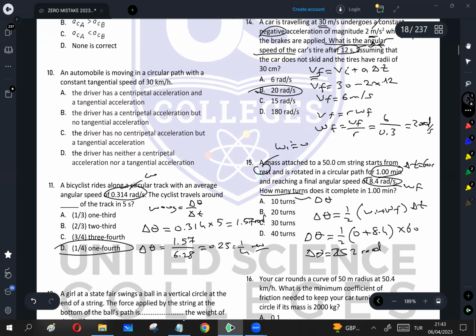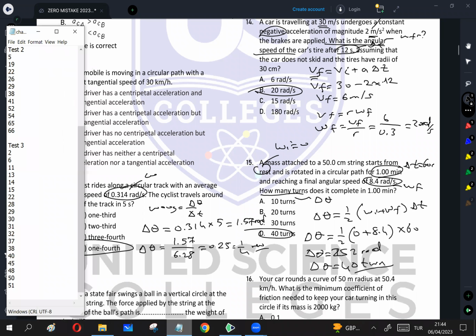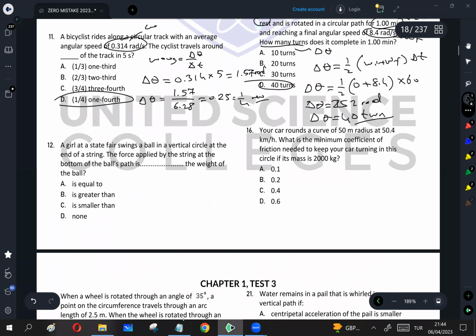Then turns is found by dividing by 6.28. 252 divided by 6.28, the answer is almost 40 revolutions, 40 turns. After 15, we will continue with 22.